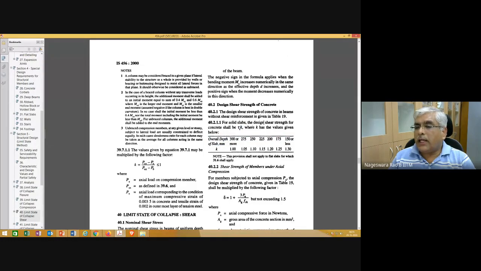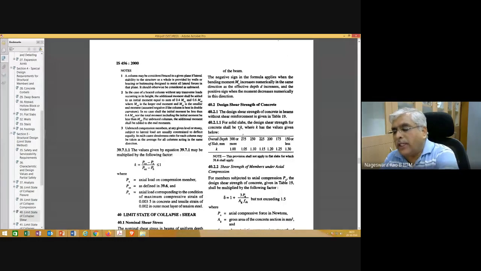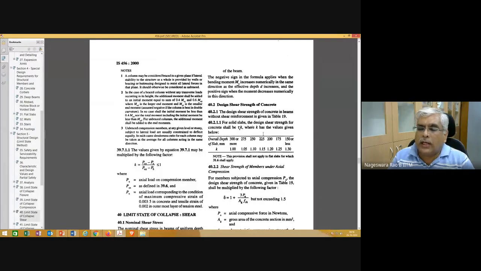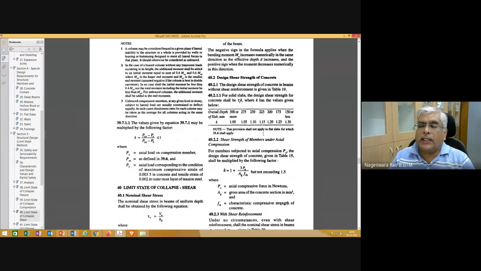Okay, so the design shear strength of concrete is given by this, and you need to make sure the shear stress because of the load applied on the slab is not going to exceed this shear strength. And if it is exceeding, then you need to compensate it by revising the depth of the slab, because usually we are not going to provide shear reinforcement for slabs. Anyway, details we'll see as we progress in the next classes.